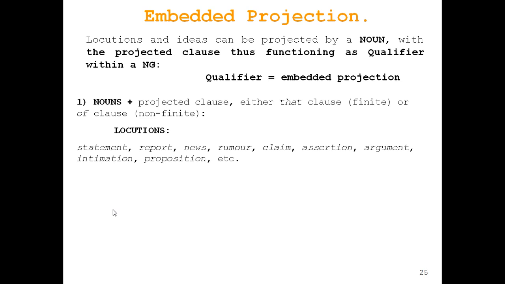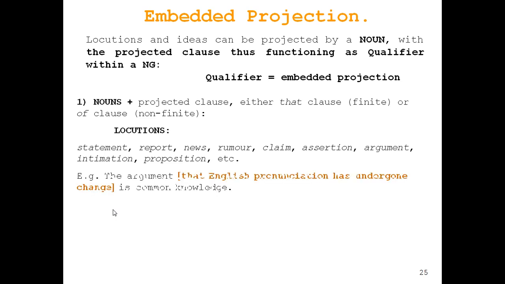So these nouns that configure these embedded projection relations are typically statement, report, news, rumor, claim, assertion, argument, intimation, proposition. These are only examples, but let's see one in action. The argument that English pronunciation has undergone change is common knowledge.